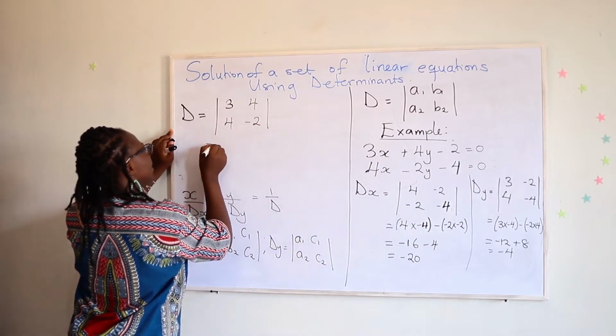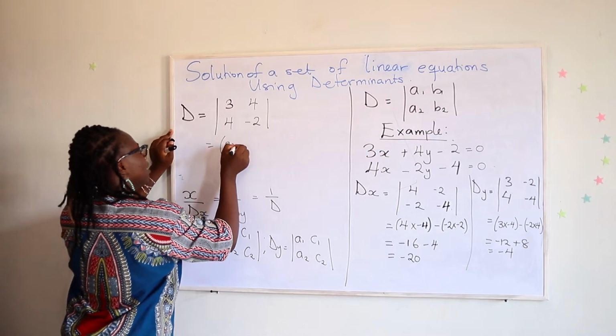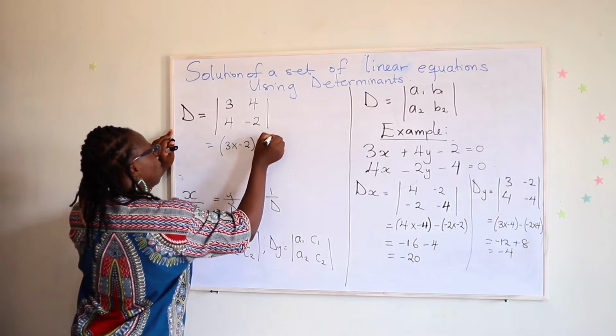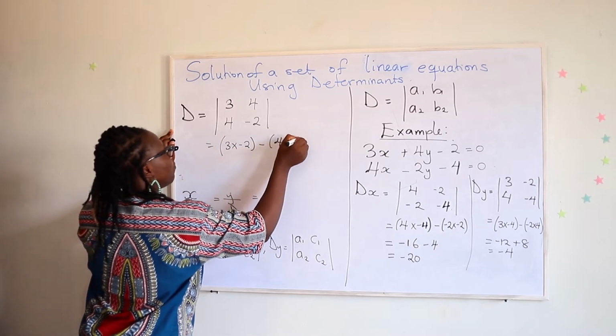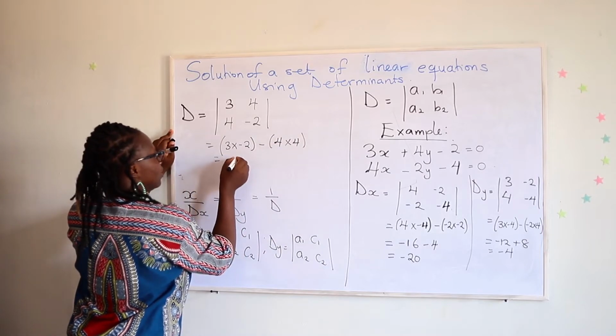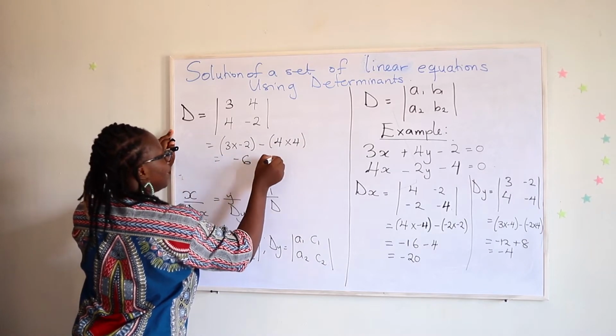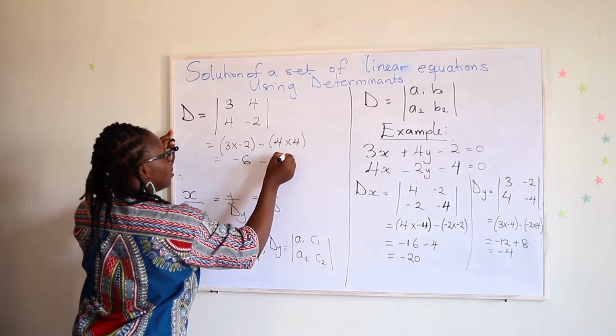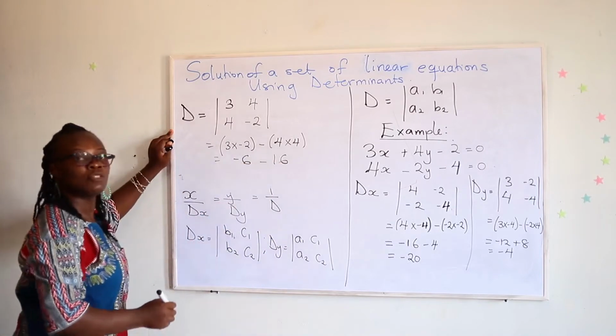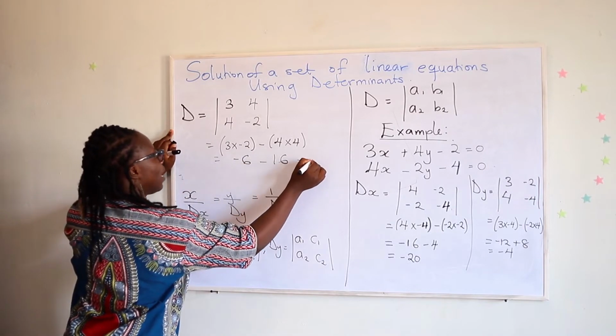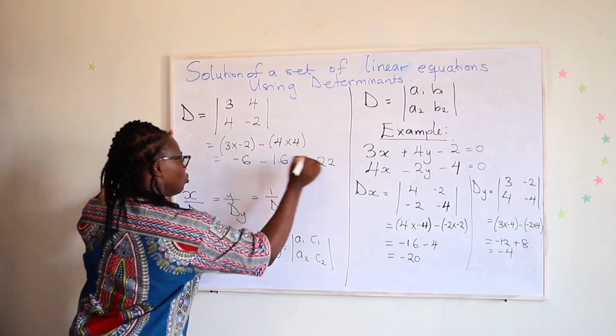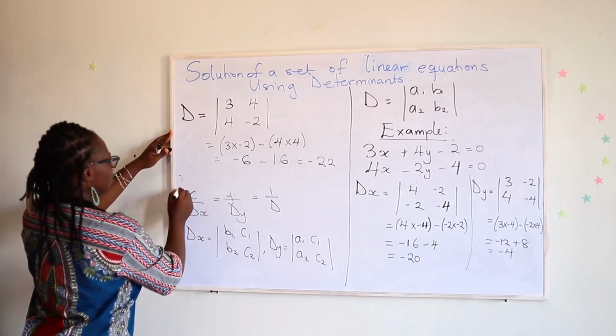So let's find the determinant. 3 times minus 2 minus 4 times 4. So I have minus 6 minus 16. What do I have here? Minus 22.